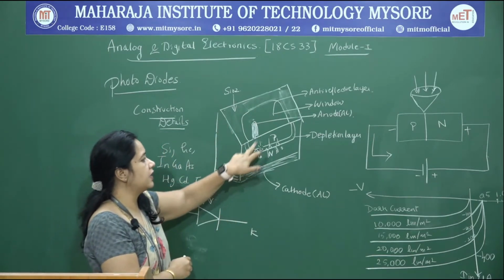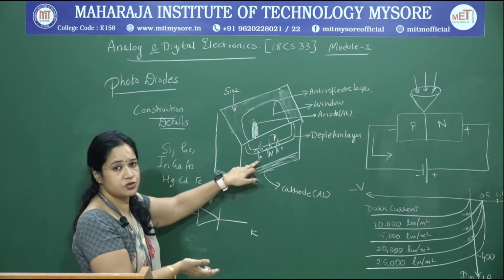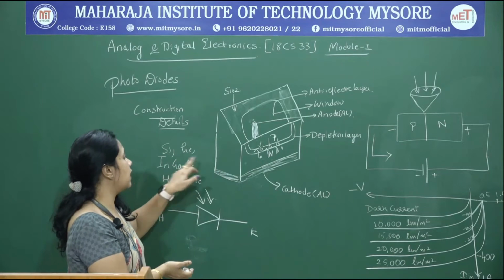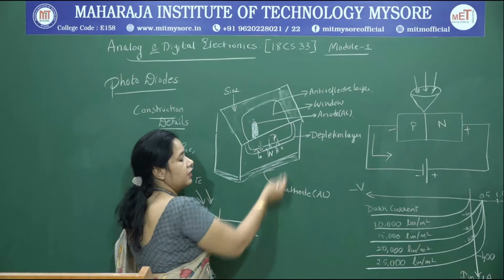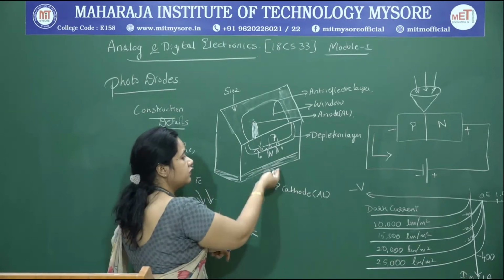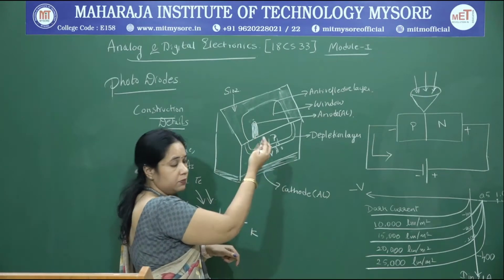It has an N type material and a P type material which are diffused together, brought together to form a PN junction, and these materials are constructed using one of these materials. When the junction is formed, holes diffuse into the N region and electrons diffuse into the P region.